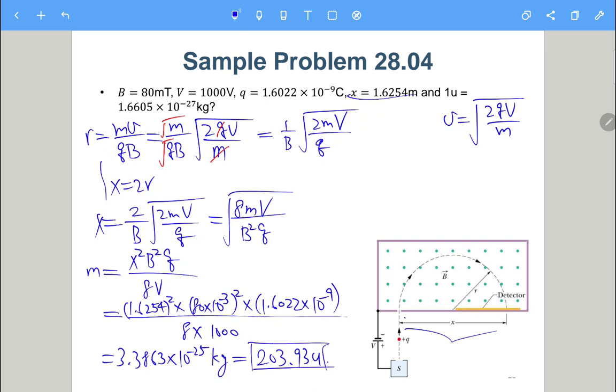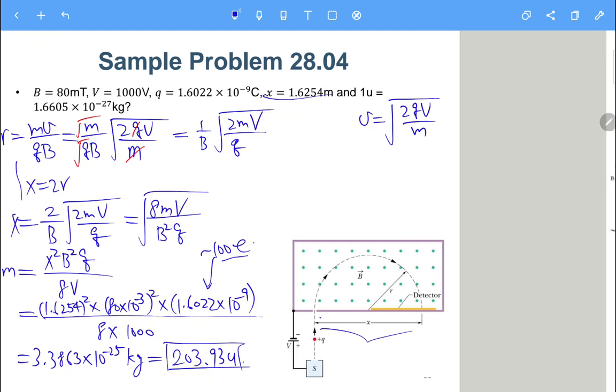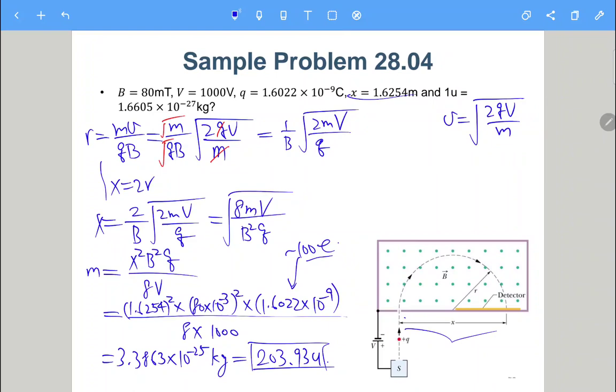So if you check the mass number from the periodic table, you will know what this element should be, including both the number of protons and neutrons. And this is around 100 e. Okay. So, any questions? No questions.